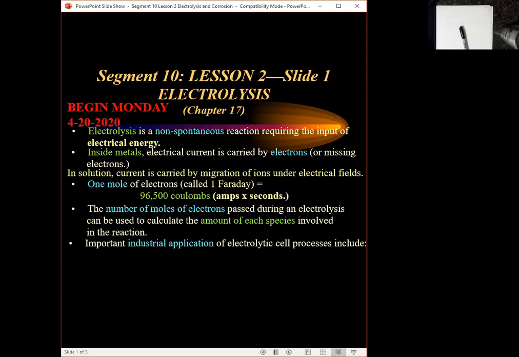But with the advent of cheap electricity, we were able to electrolyze aluminum directly, and we can take aluminum oxide and dissolve it, and then carry out the electrolysis and reduce the aluminum ion to aluminum metal. It's the industrial way that we make aluminum.